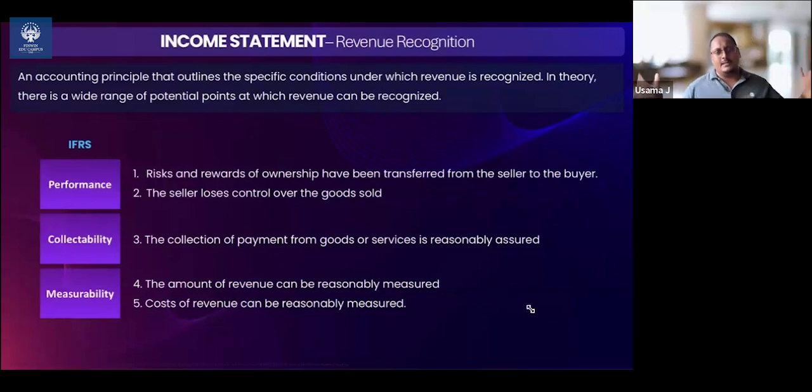Because don't forget, the accounting space is quite vast. If you take standards, for example, between IFRS and US GAAP, it could be very, very significant, right? So let's see. We talk about the income statement and revenue recognition. If you remember our income statement, we saw revenue, direct costs, gross profit, indirect costs or overheads.